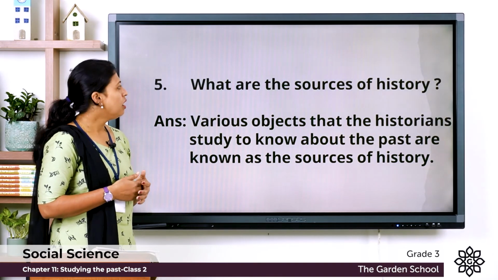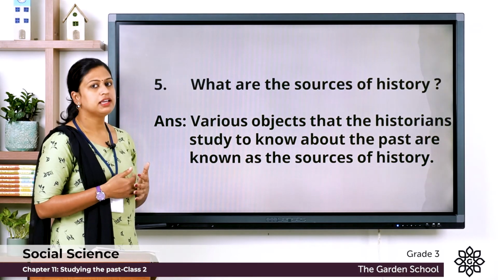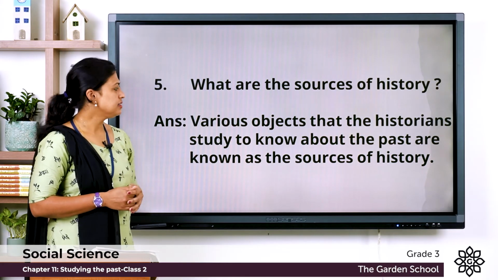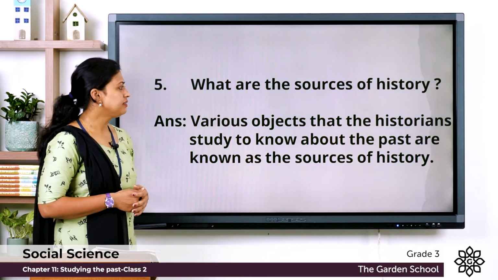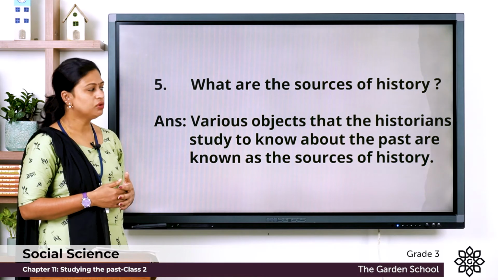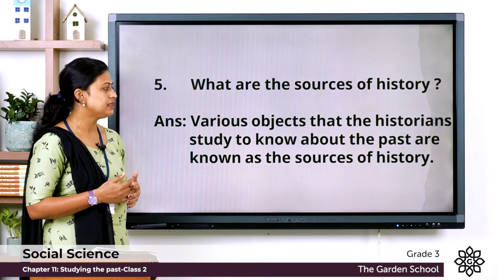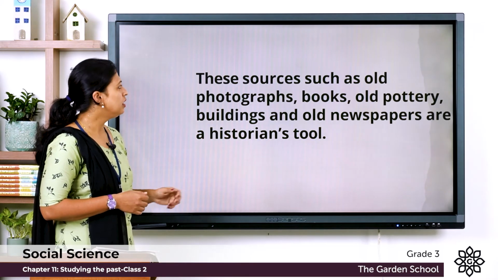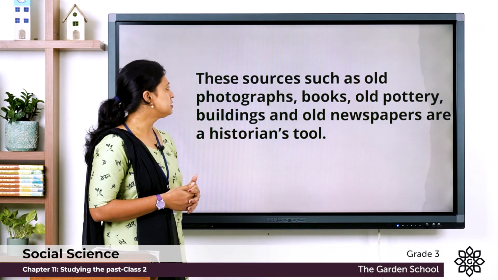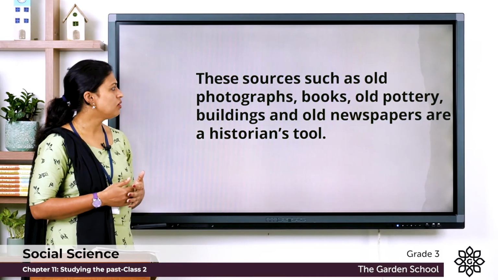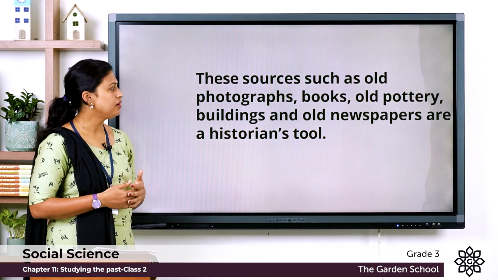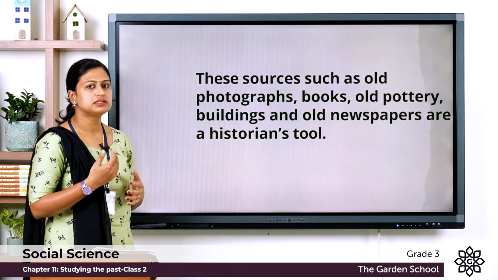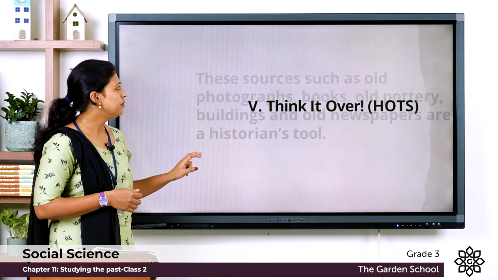Fifth question, what are the sources of history? The correct answer is, various objects that the historians study to know about the past are known as the sources of history. These sources, such as old photographs, books, old portraits, buildings and old newspapers, are a historian's tool.